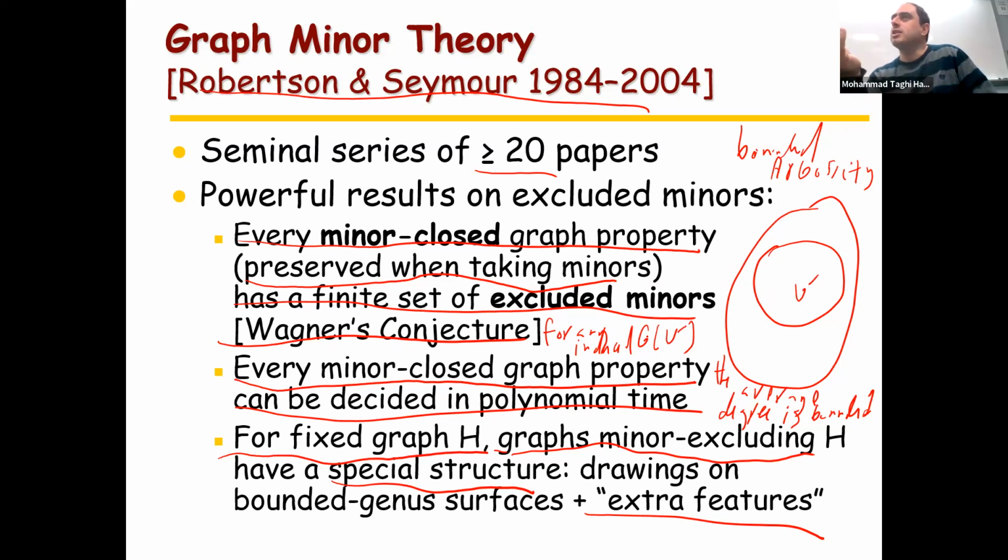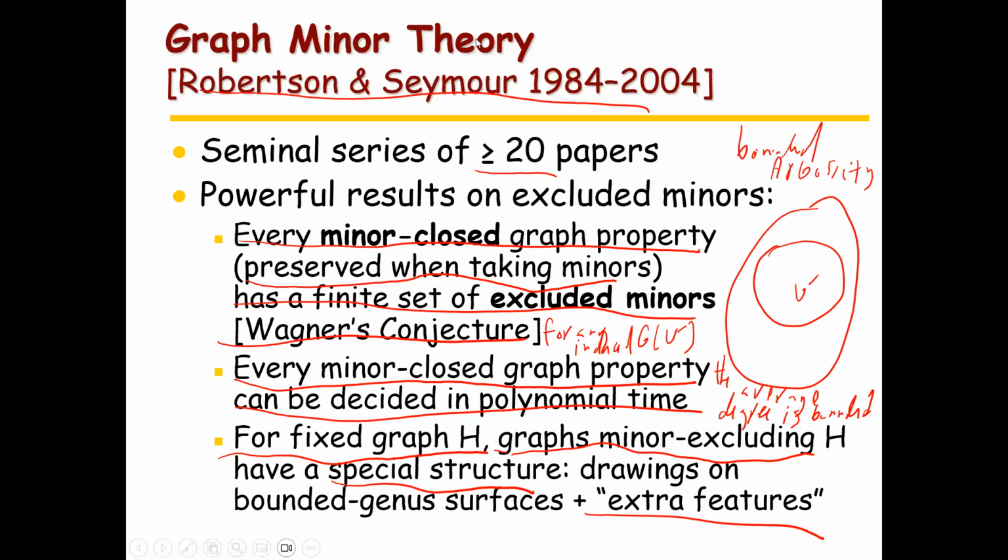Why? Because it comes from the fact that in every planar graph, there should be a vertex of degree at most 5 or 6. I think it's 5. You can check that, but it's 5.